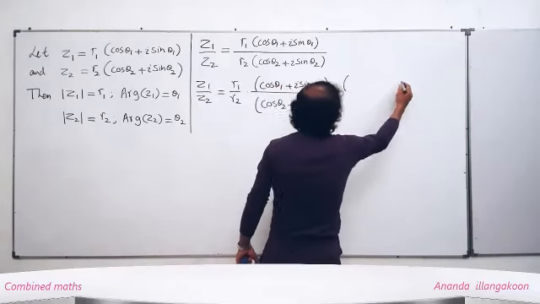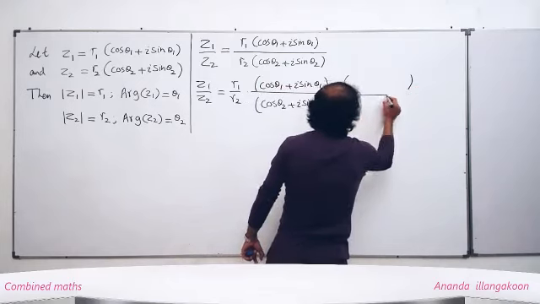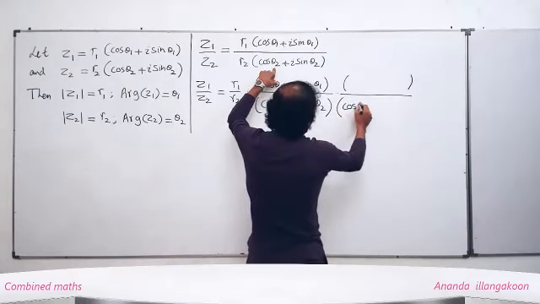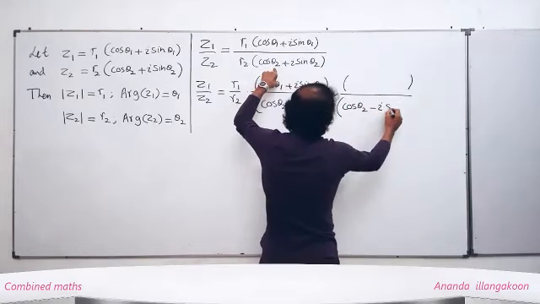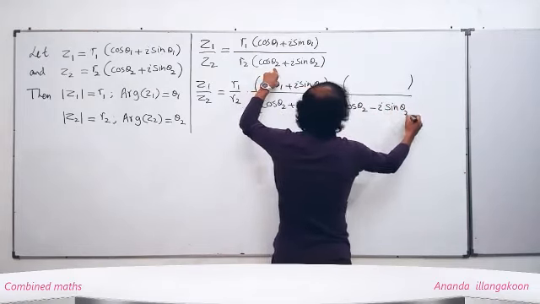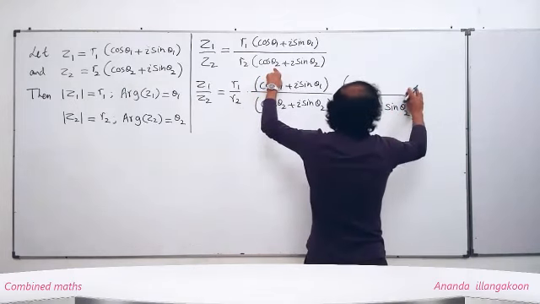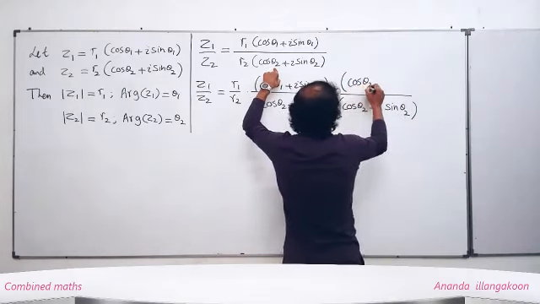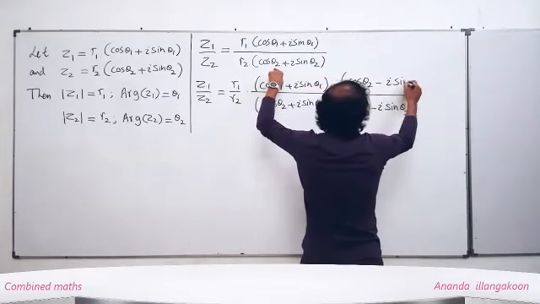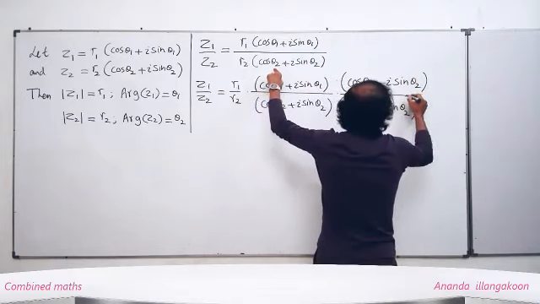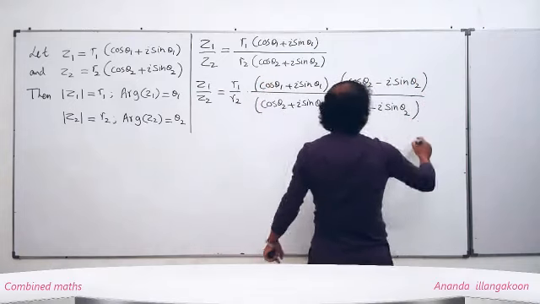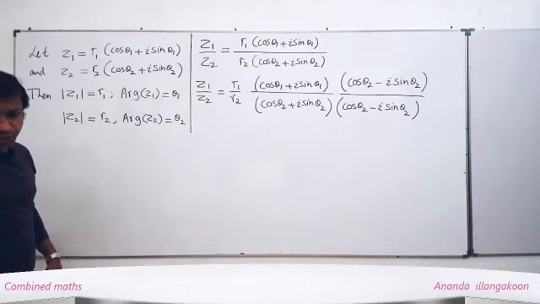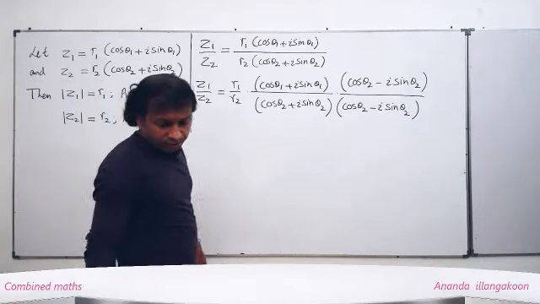Into both the numerator and denominator we multiply by the conjugate of the denominator, cos theta 2 minus I sin theta 2, and this one also, cos theta 2 minus I sin theta 2. Now multiply these two and try to simplify this.